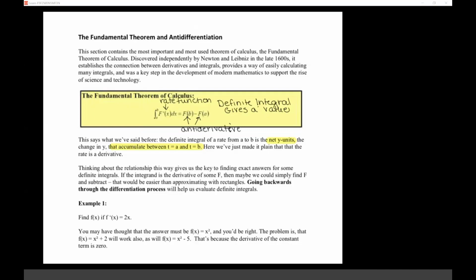Essentially, they're saying here that we can find exact answers for definite integrals as long as we know how to go backwards from f prime to f. Going backwards through the differentiation process will help us evaluate these. This is called antidifferentiation, but a lot of people just cut to the chase and call it integration.